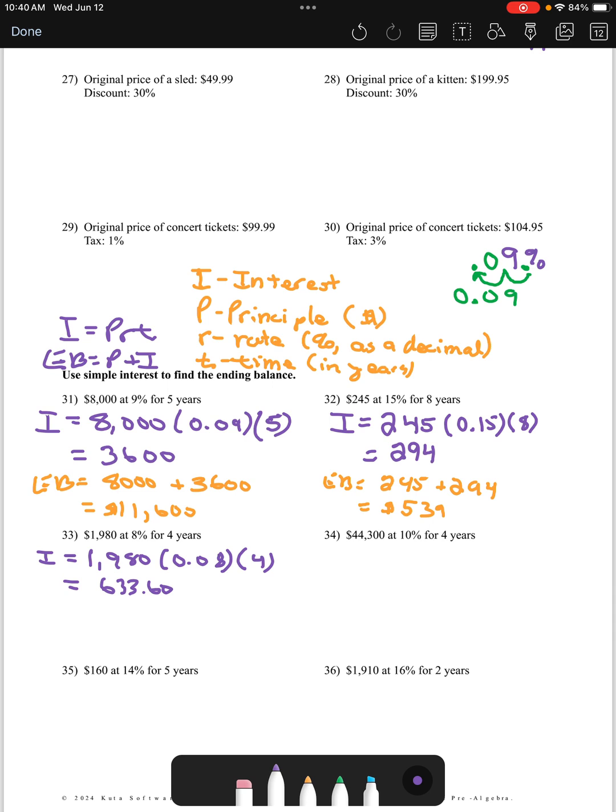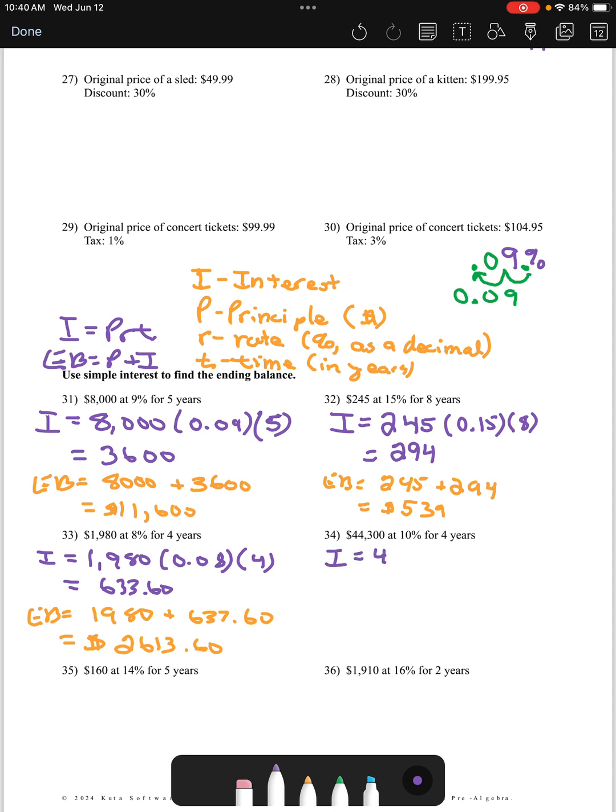Money, 2 decimal places. So our ending balance is our 1980 we started with, plus our 633.60, which I just realized I didn't get my decimal point there. Drop it in. And let's see, 1980 plus 633.60 is 2613 and 60 cents.